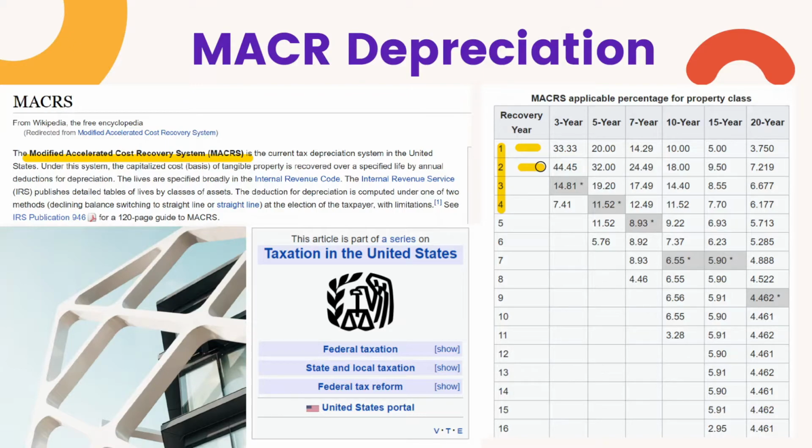Under the straight-line depreciation approach, the depreciation will be the same each year, 25%, 25%. But under the accelerated cost recovery system, the depreciation during the first 2 years will be a lot, in this example almost 80% of the total value of the equipment cost.